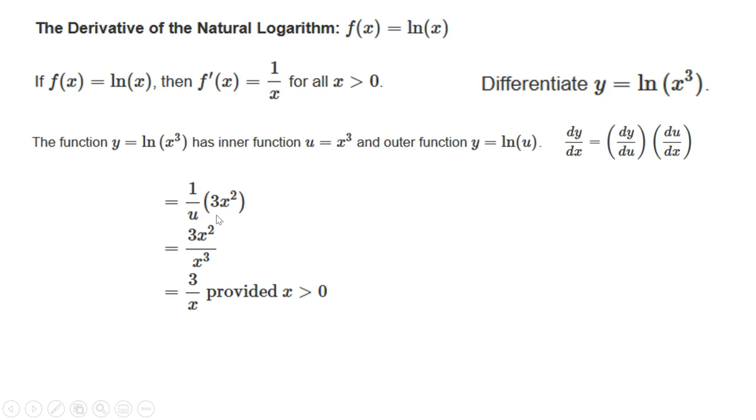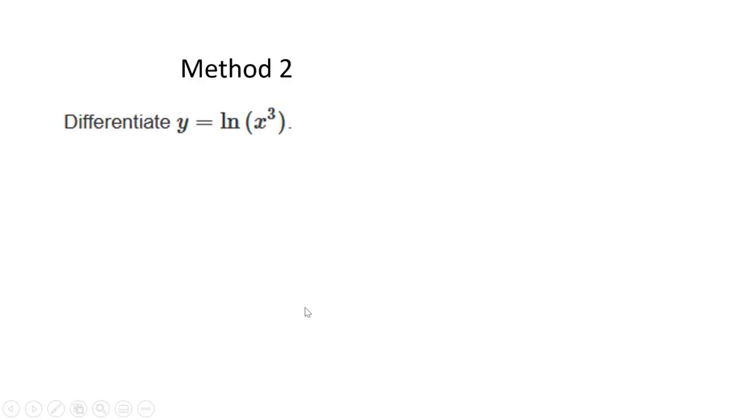It's 1 over u times the derivative of the inside function, x cubed, which is 3x squared. Remember, dy/du is 1 over u. Well, the u is the x cubed, so it's 3x squared over x cubed, and if you reduce that down, it's simply 3 over x. Again, remember that x has to be positive because the original function had to have a positive number that you're taking the log of.